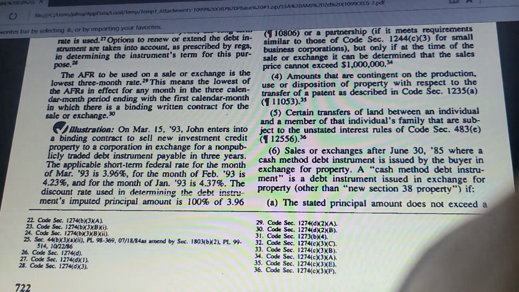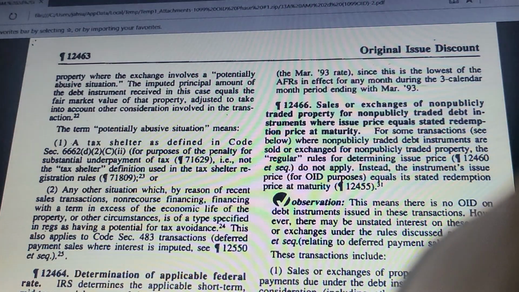And for the month of January '93 is 4.37%. The discount rate used in determining the debt instrument's imputed principal amount is 100% of 3.96, the March '93 rate, since this is the lowest of the AFRs in effect for any month during the 3 calendar month period ending with March '93.